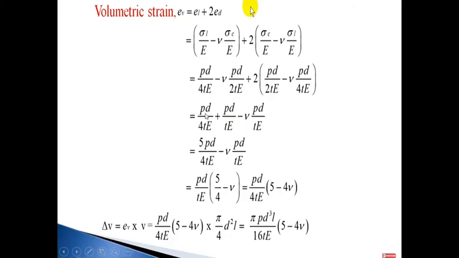That means 5PD divided by 4TE minus V PD divided by TE.